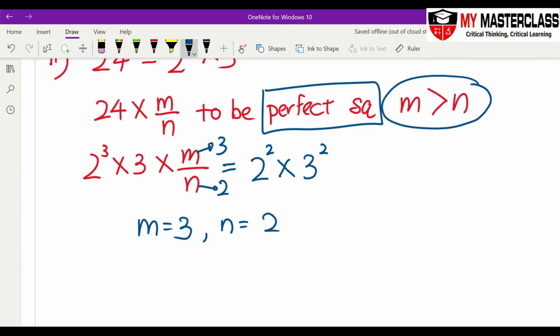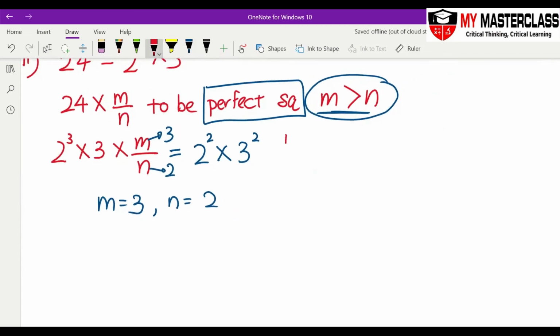Why is it that I choose 3 on the top and 2 at the bottom and not the other way around? It's because the question already says m must be greater than n. Actually, if I times 2 over 3, can it work or not? Yes, it can work, but it does not satisfy m greater than n.